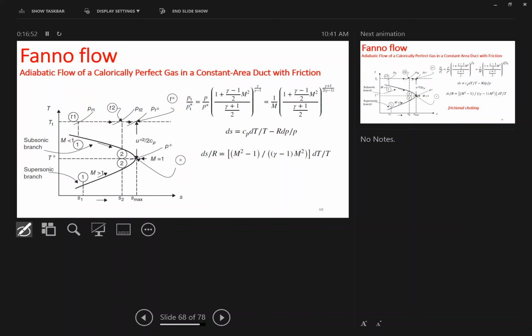When you start with a supersonic inlet, your Mach number decreases to the sonic condition with an increase in temperature. Are there any questions? And you get to a maximum entropy value at the sonic condition.